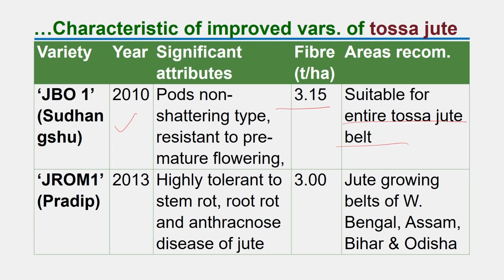Then JROM 1 Pradeep 2013, highly tolerant to stem rot, root rot and anthracnose disease of jute. So you can see this JROM1, which is known as Pradeep, is tolerant to stem rot, root rot and anthracnose disease of jute, and yield potential is also good, 3 tons per hectare, and it is fit for jute growing belts of West Bengal, Assam, Bihar and Odisha.